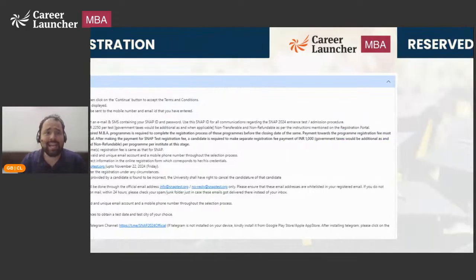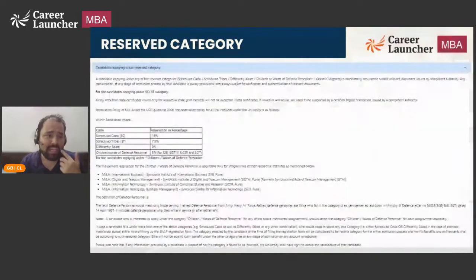Okay. Next, in terms of categories, please keep in mind that for SC, ST, DA and children of defense personnel, specifically for specific colleges, 5% reservation is available at SIIB. MBA digital and telecom management at SIDTM, under that 5% reservation.